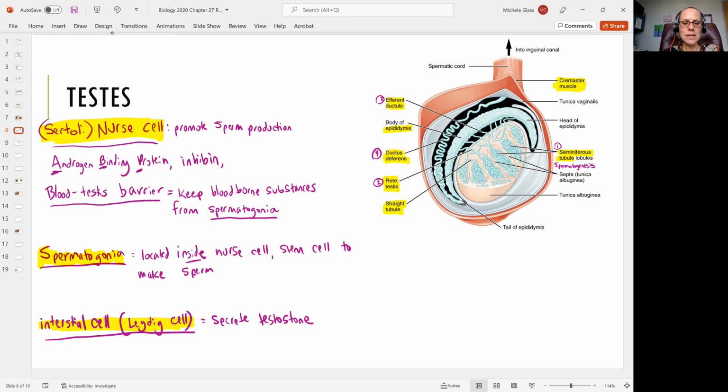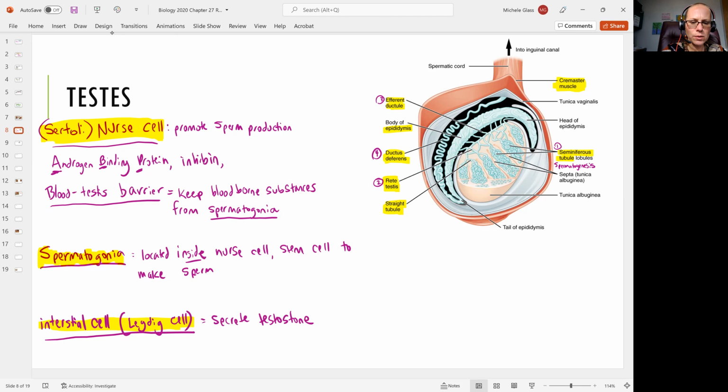And so what we're seeing with the testosterone is we're going to get typically on average more height, more muscle mass. That distribution will be different. You'll get more hairiness. You'll get the development of thicker cartilage in the throat so that you're getting a deeper voice develop and so forth.